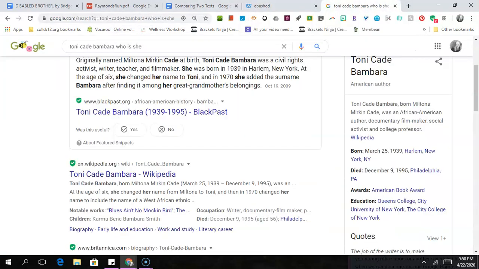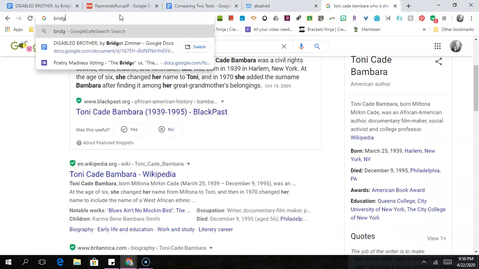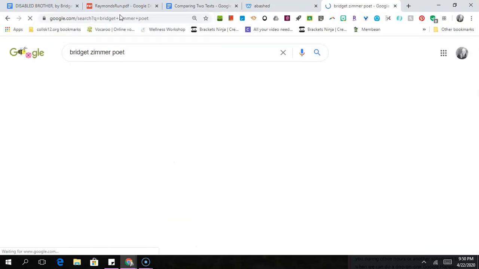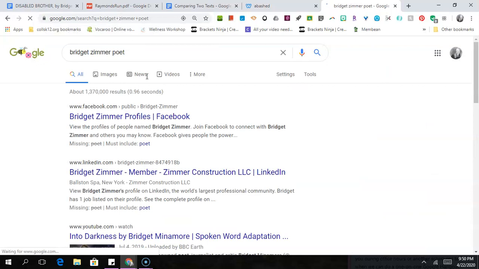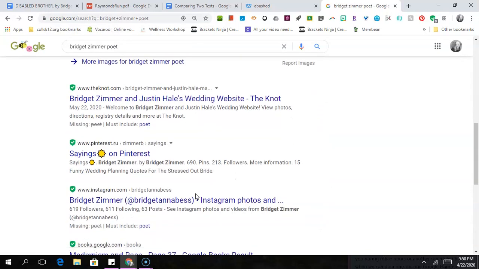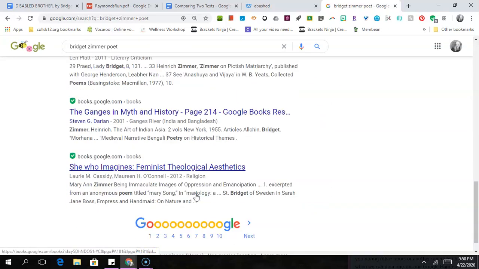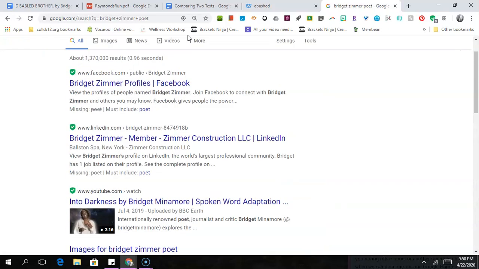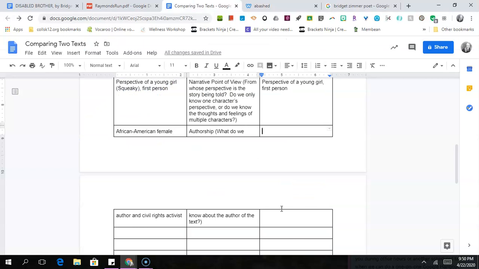I'm not sure if I'm going to be able to find much biographical information about her because the site where I found the poem, I don't know that she's necessarily famous. Okay, so maybe authorship is something we don't worry about, but it's good to check and see. I do know that it's a female, but otherwise I don't know too much. I could put young and maybe do some more research later.